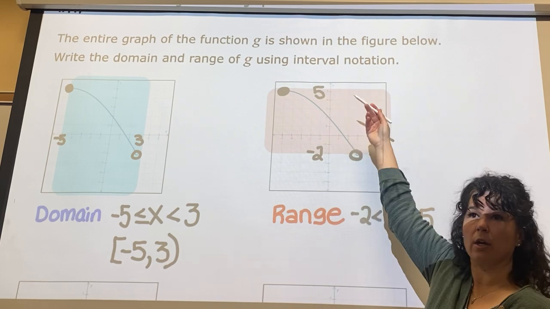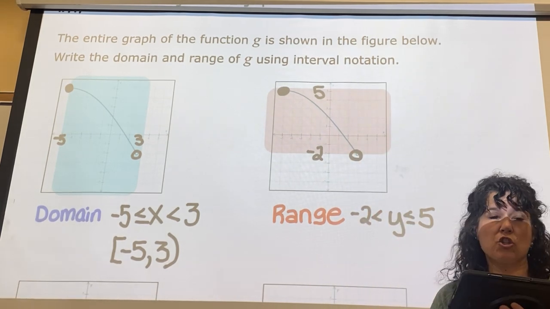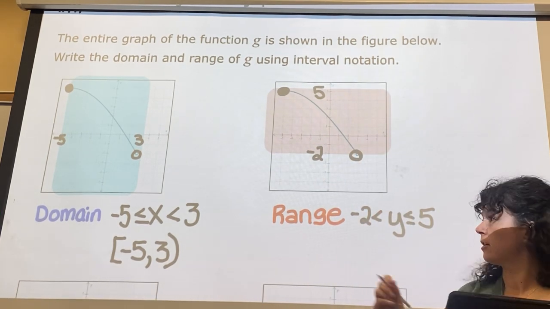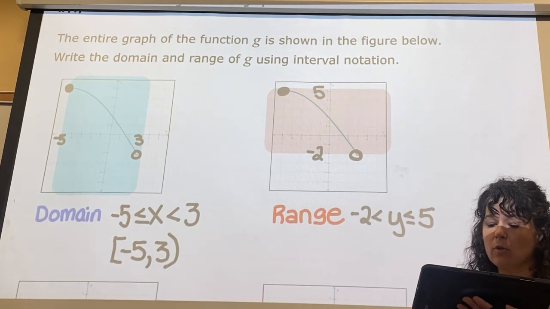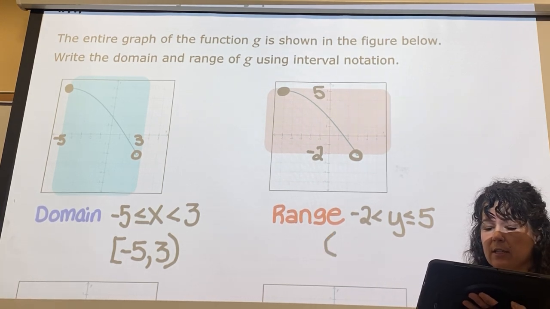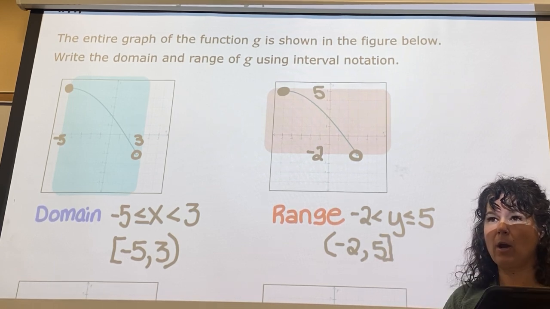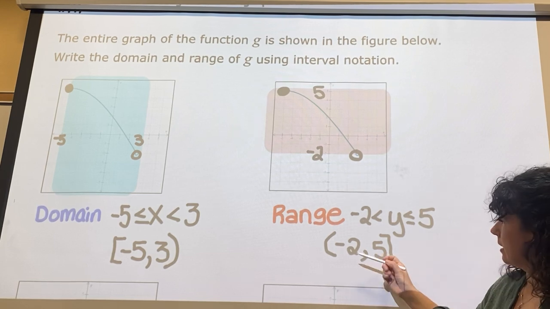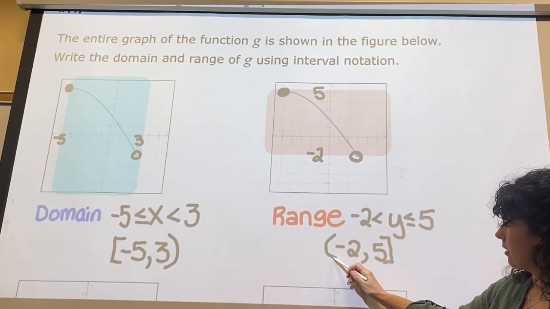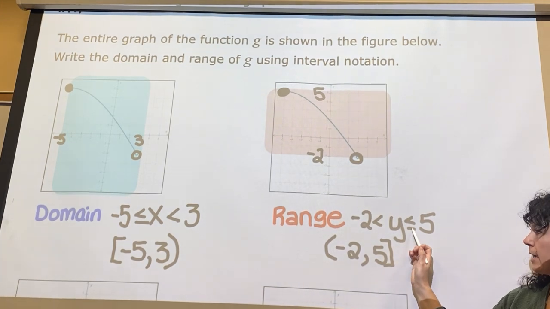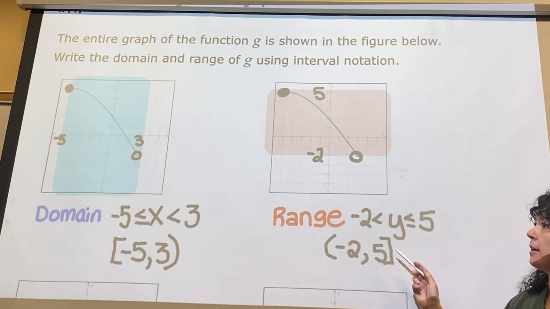Okay, so low to high, but let's change that to interval notation. A less than symbol goes with a parenthesis, so this is parenthesis -2 through 5 bracket. Okay, parenthesis, no underline, bracket, underline.